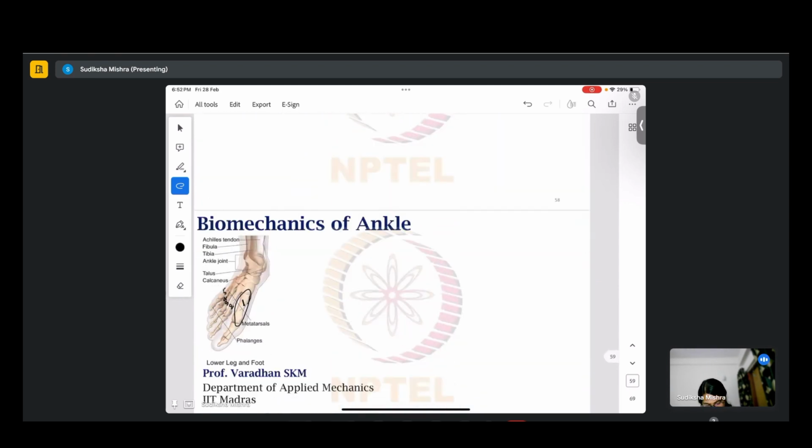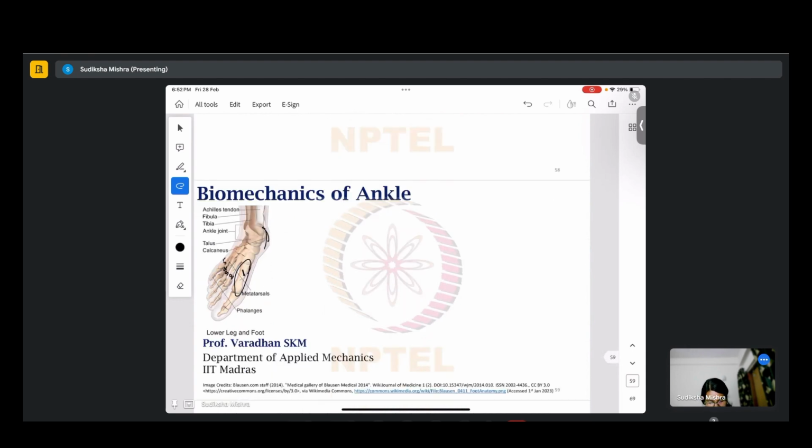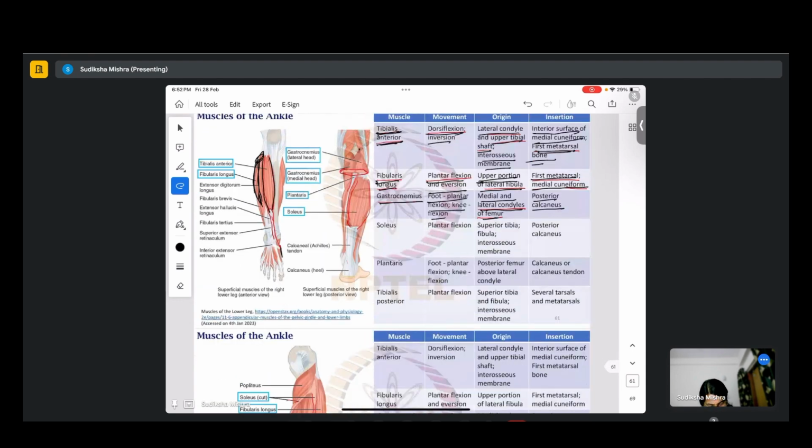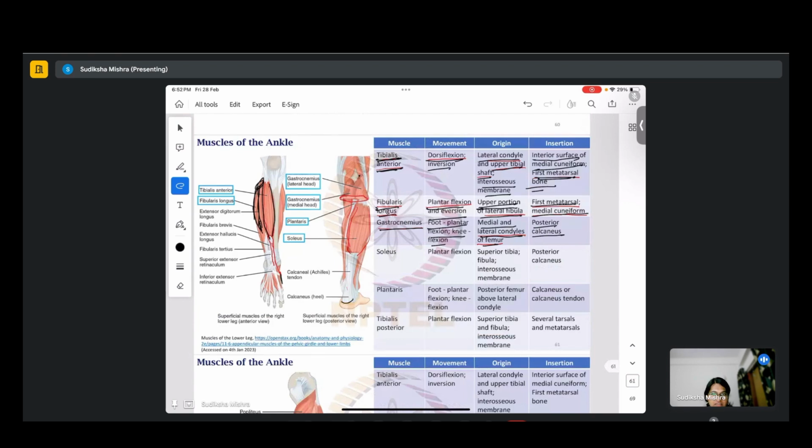So if you look here, this forms the calcaneus. Okay, this is the calcaneus. It's basically at the heel. It inserts here. It can have a lateral head and a medial head. So a relatively large muscle.